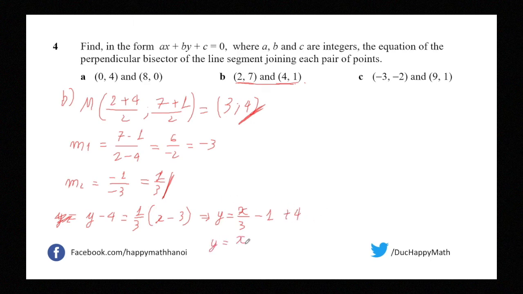Y equal to x over 3 plus 3. So you change the position to get this form, ax plus by plus c. This means x over 3 minus y plus 3 equal to 0.